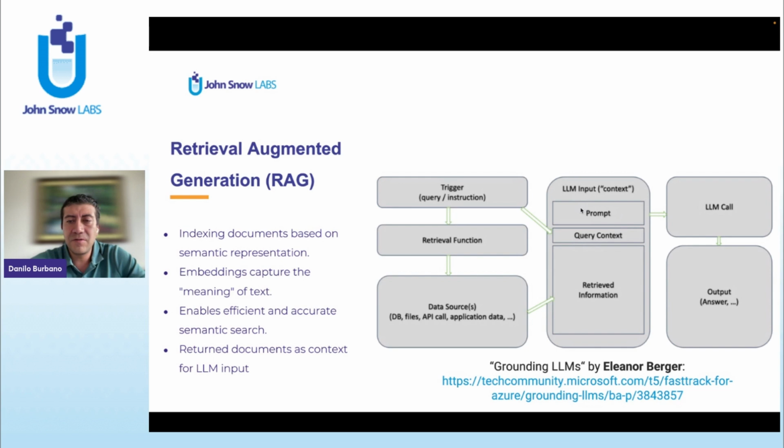The context is included in the prompt and query context. Then we send this call to a pre-trained LLM, and this model generates an output, such as an answer or a completion. This approach ensures that LLMs can generate more accurate and contextually relevant responses by leveraging semantically retrieved documents.